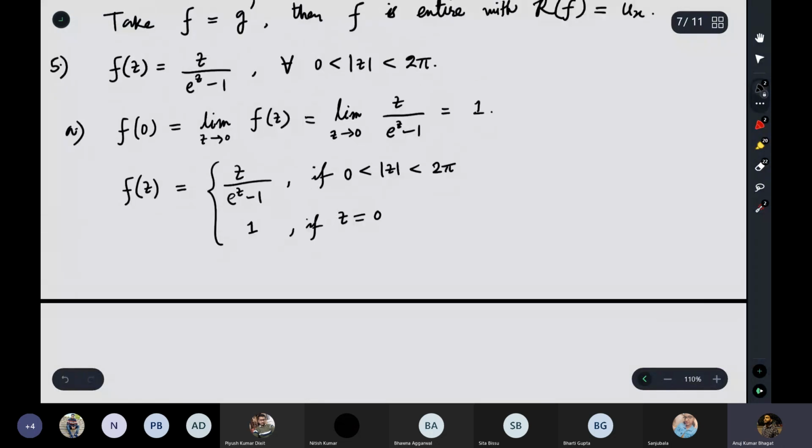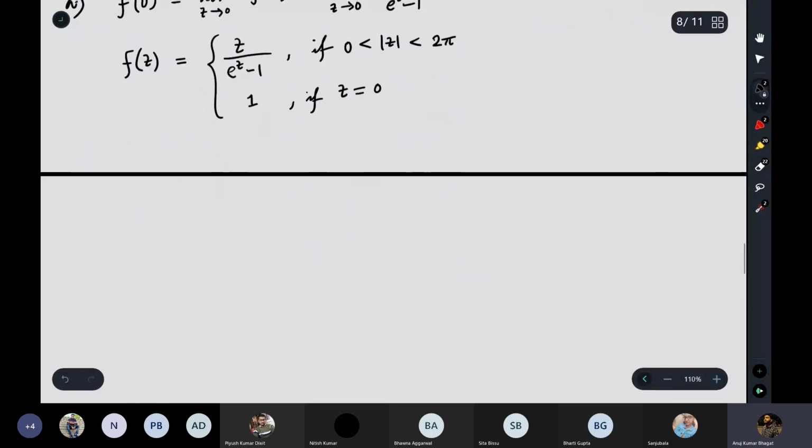5a I had also shown here, and 5b, what was the question?